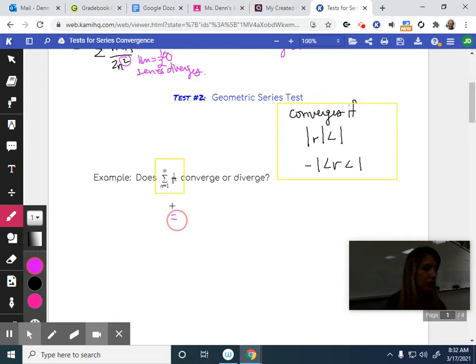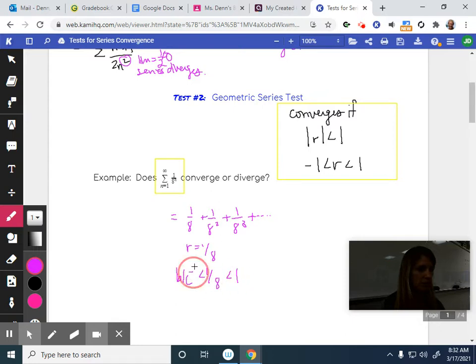Let's plug in 1, we get 1/8. 2, we get 1 over 8 squared. 3, we get 1 over 8 to the third, and so on. Yep, that's geometric, and our multiplier is 1/8. So we just have to answer that question, is 1/8 between -1 and 1? Why, yes, it is. So therefore, because 1/8 is between -1 and 1, this series converges.